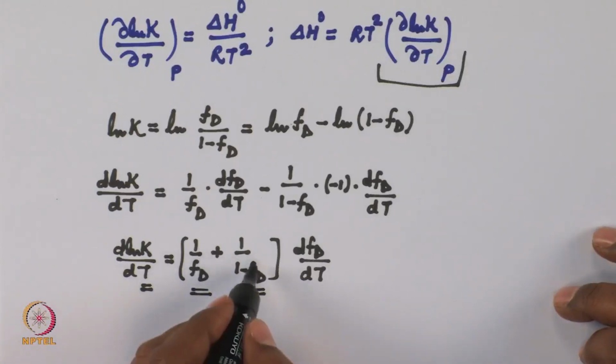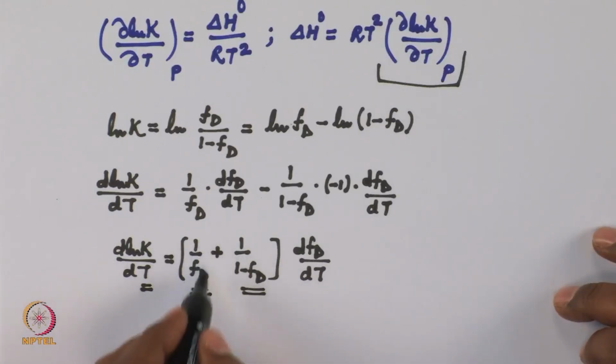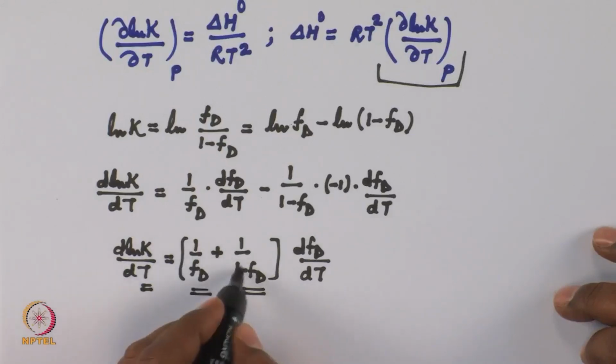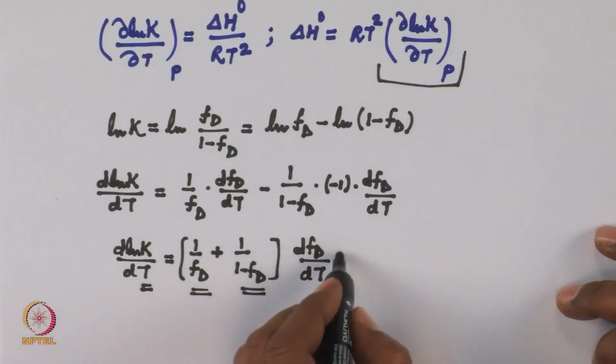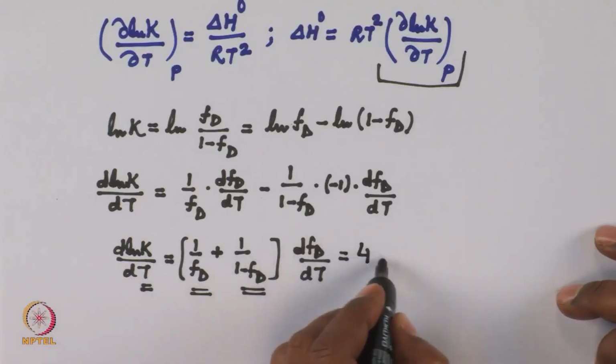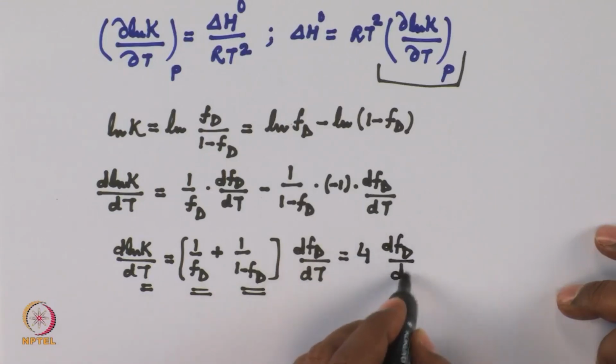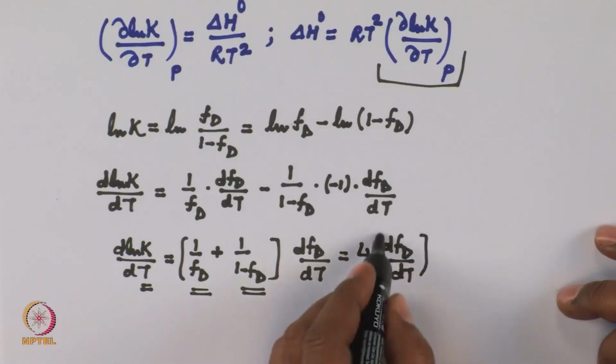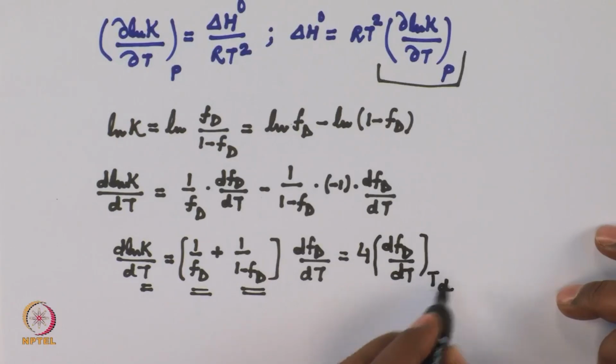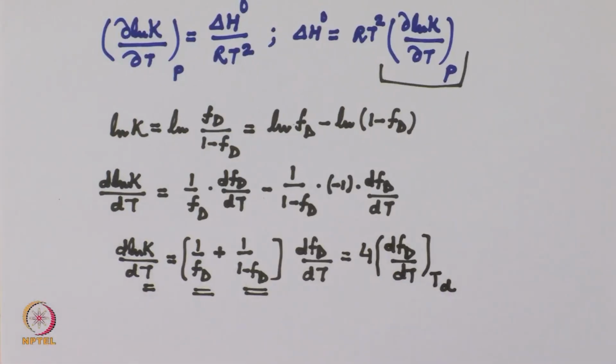So, 1 over half plus 1 over half: 2 will go in the numerator, and from here also 2 will go in the numerator. So, we will have 4 times dFd by dT, and this is actually at the transition point, T half or Td, whichever way you want to mention it.